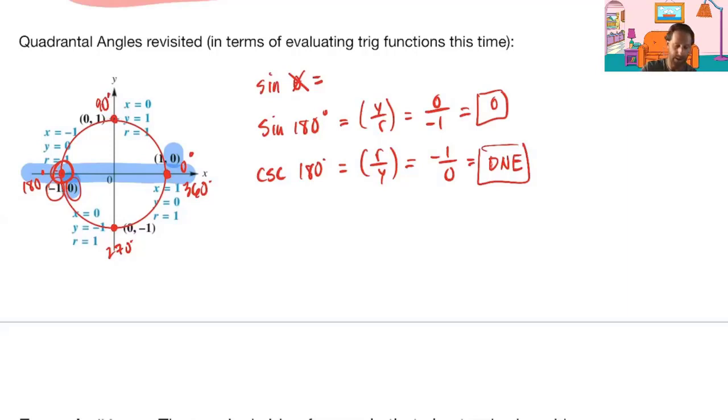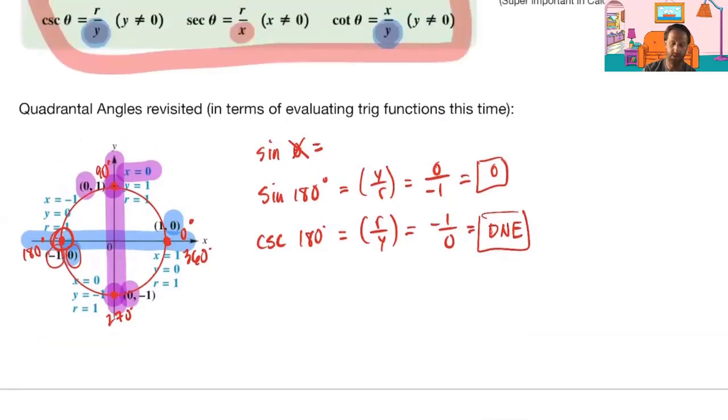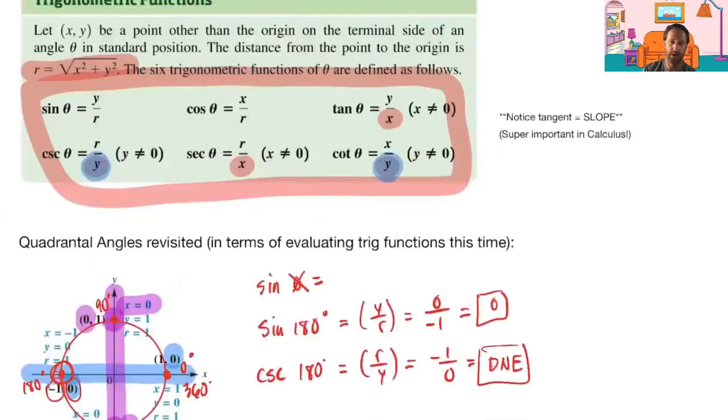But now, if we're at 90 or 270, meaning we're along the y-axis, you can see that now our x would be 0.